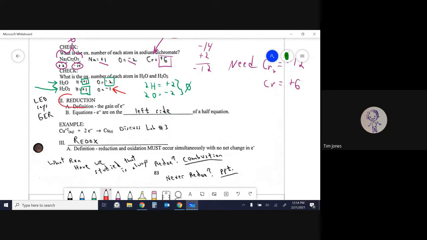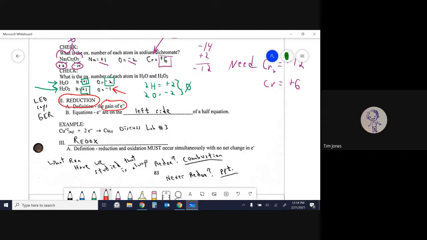Now it's called reduction because the oxidation number becomes more negative. You are reducing the oxidation number because you're gaining electrons, and electrons are negative. So it's a little bit counterintuitive. You're gaining something, but you're becoming more negative because it's electrons.